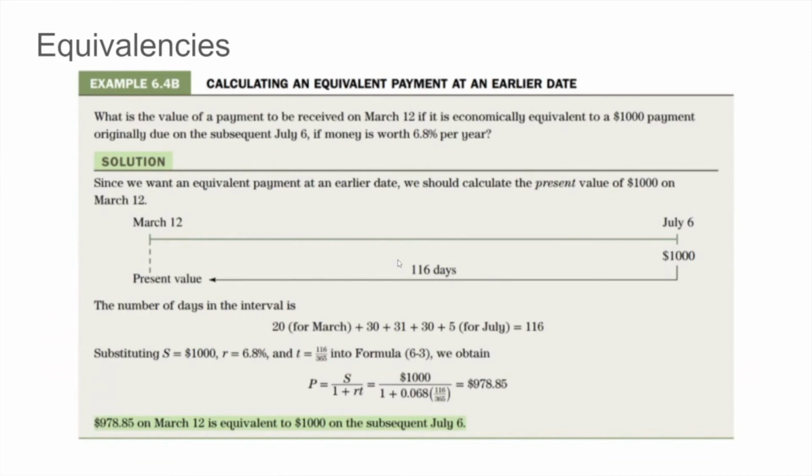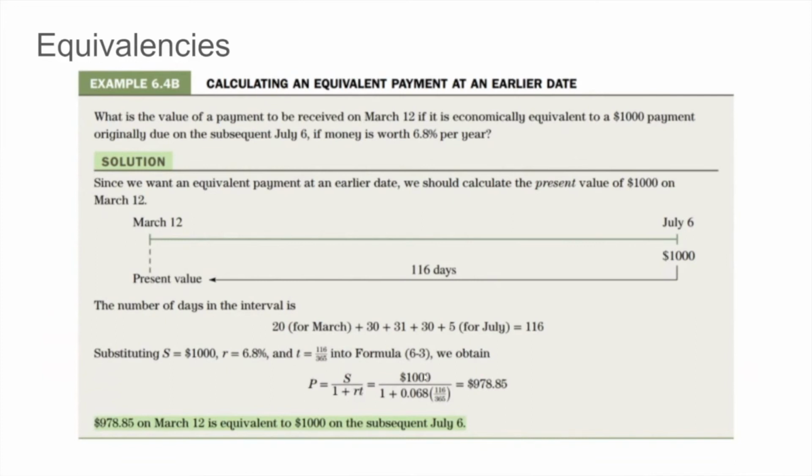So then all we need to do is to calculate the present value of that $1,000, discount it back 116 days at a rate of 6.8% per year. So we've got 116 days. We plug the numbers into the present value formula.